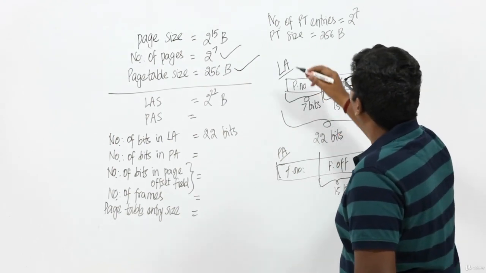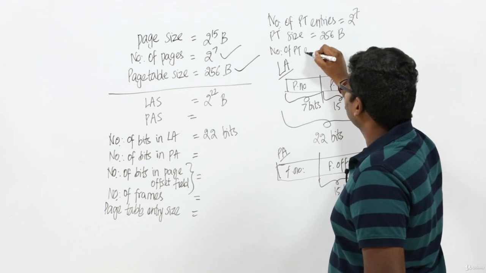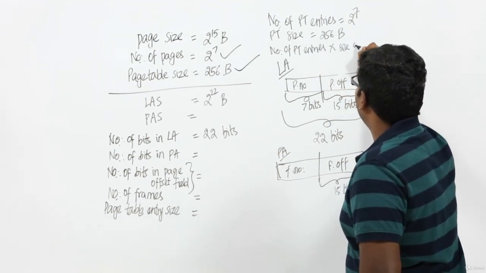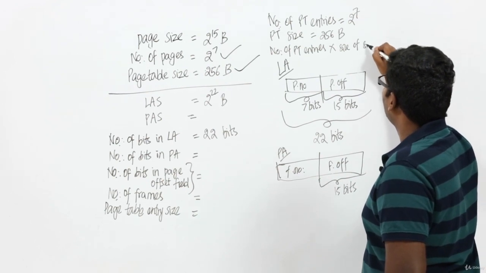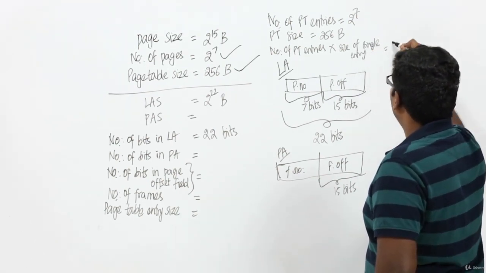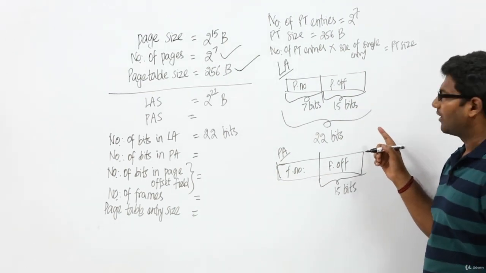We already know that number of page table entries into size of a single entry equals page table size. This is the formula we already know, right?